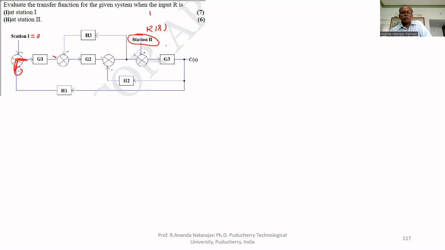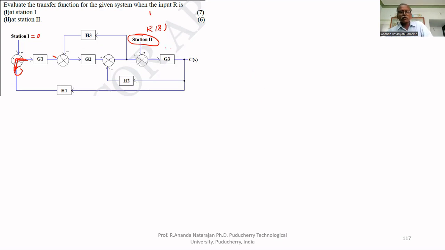Here, the problem is we cannot remove the innermost part, this G2, this junction and summing block. But if you consider station 2, then the innermost part is not this.